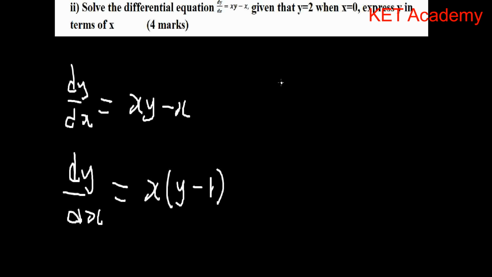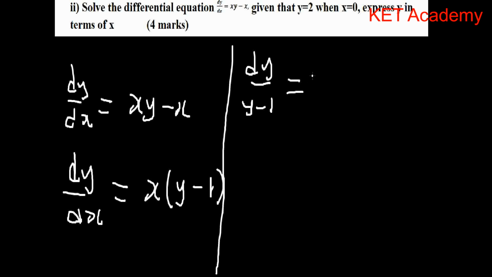So we discover that dy divided by y minus 1 should be equal to x dx. What I did here is I simply divided all through by y minus 1 and multiplied all through by dx. Doing that, we arrive at this point.